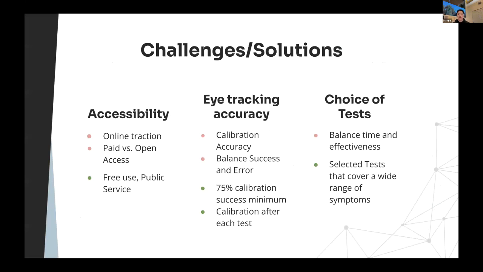The three main topics were accessibility, eye tracking accuracy, which was our main challenge, and third, choosing which tests to do, because ADHD tests traditionally take many hours, so we had to find the most efficient tests to encompass it in the shortest amount of time, us being 20 minutes.